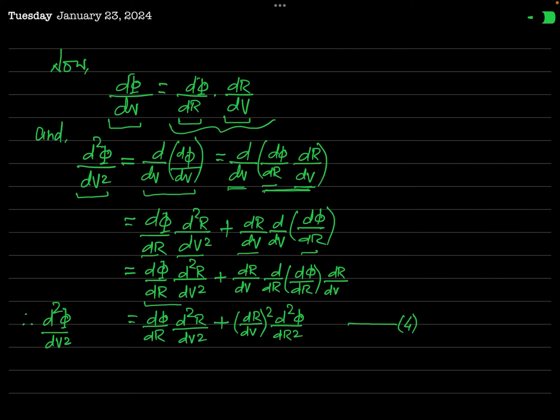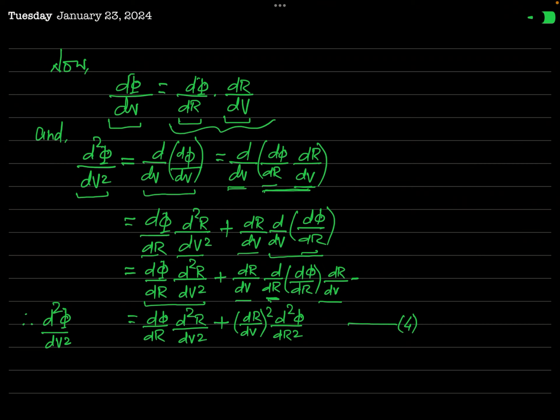So you can see this is d phi by dR times d2R by dV square plus dR by dV. Now this d by dV of d phi by dR, we can again think about function of a function, and so this can be written as d by dR of d phi by dR times dR by dV. You can see this dR and this dR will cancel out, and the result will remain the same.